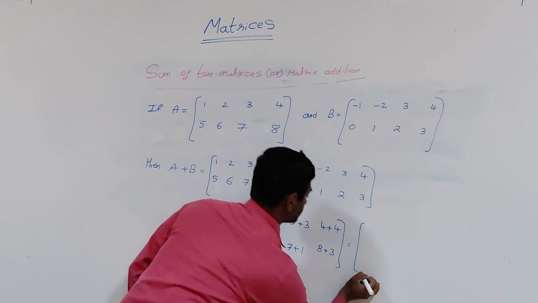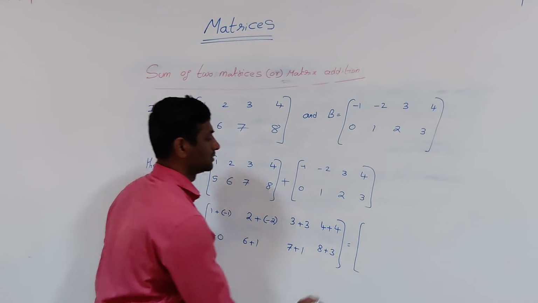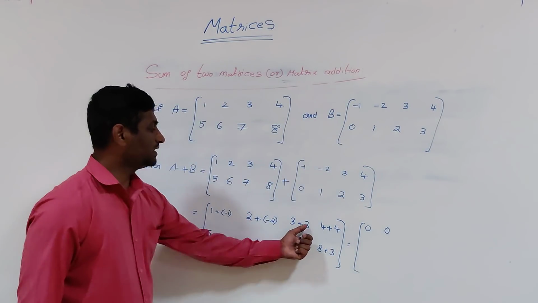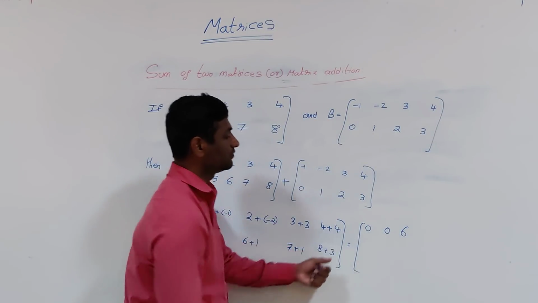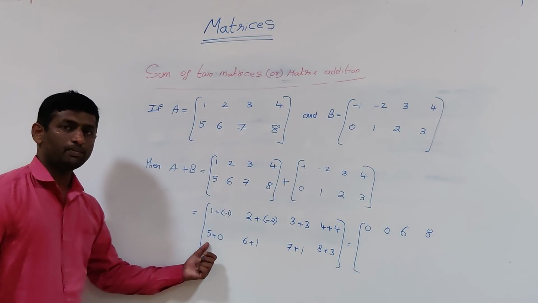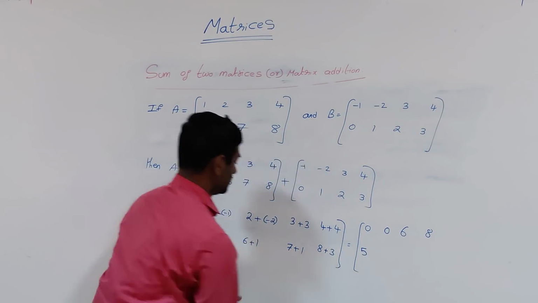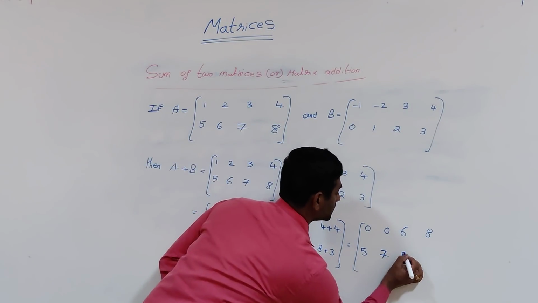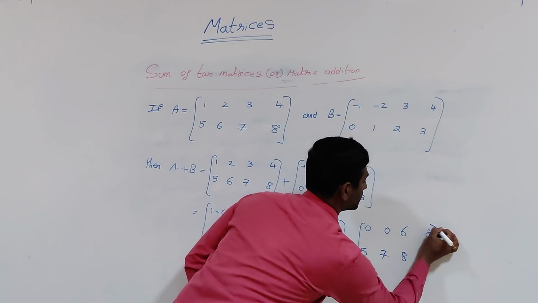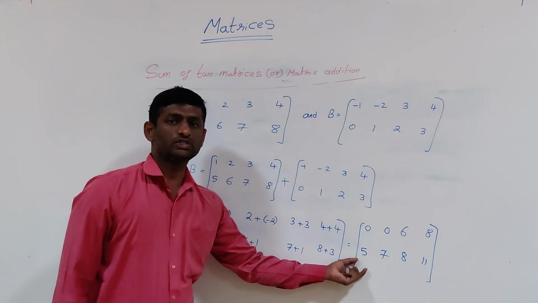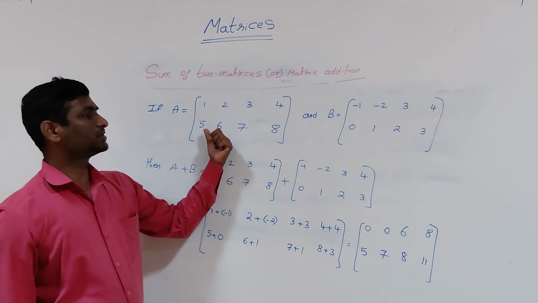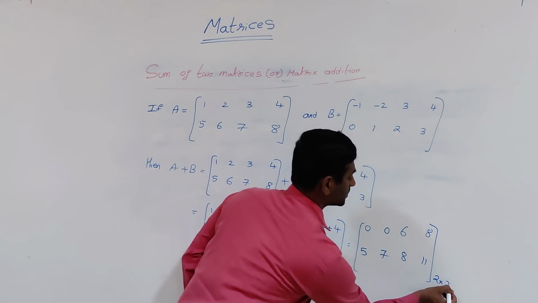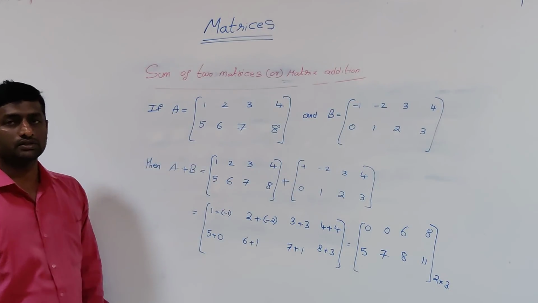That gives 1 plus -1, it will be 0. 2 plus -2, it will be again 0. 3 plus 3, 6. 4 plus 4, 8. 5 plus 0 gives 5. 6 plus 1 gives 7. 7 plus 2 gives 9. And 8 plus 3 gives 11. So this is a new matrix which we get upon addition of the two matrices A and B, which is of the same type 2 by 4. So this is an example of addition of matrices.